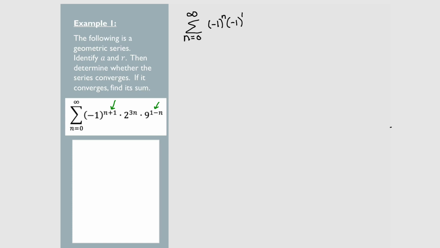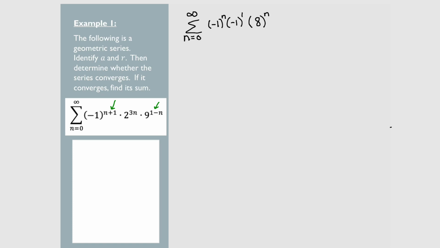Like bases, add exponents. And instead of 2 to the 3n, isn't that just 2 to the 3 to the n? Or if I like, 8 to the n. 2 cubed is 8. So I'll even go one step farther, and instead of writing 2 to the 3 to the n, let's just write that as 8 raised to the nth power.